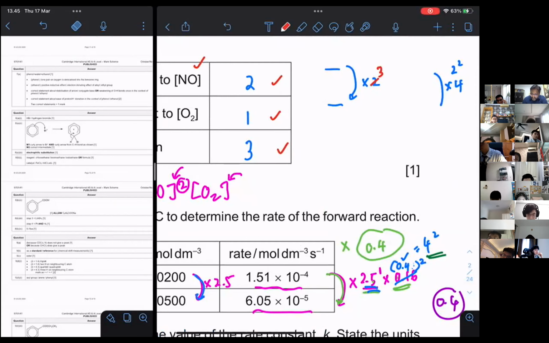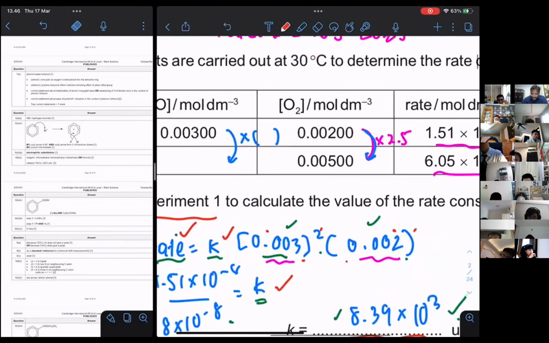Okay, if you can see the link, 2, 2, 3, 3. The only thing that will differentiate them is the 2 over here. The 2 over here will show you it is the second order reaction. So what am I expecting over here?